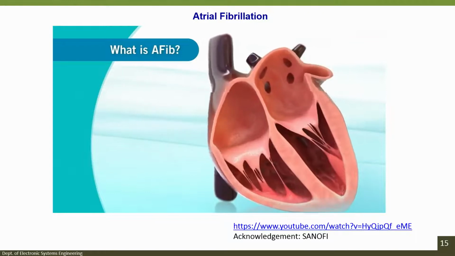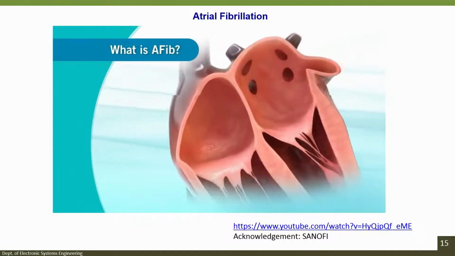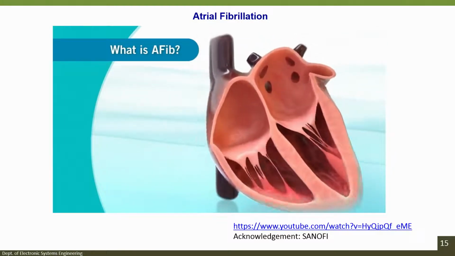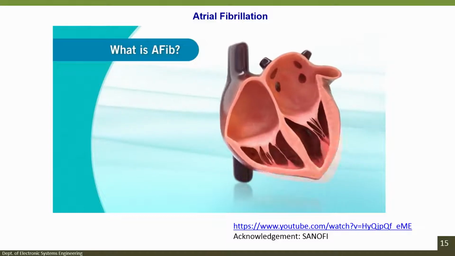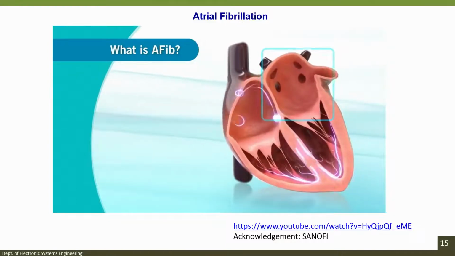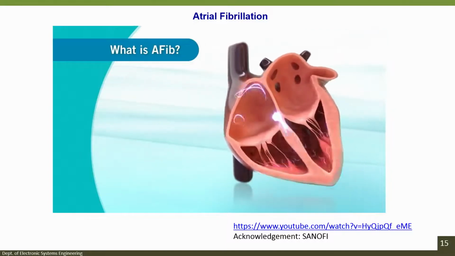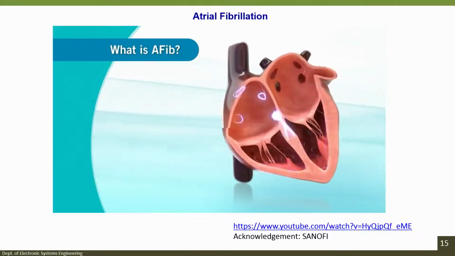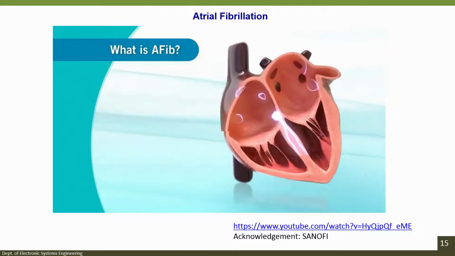Notice how the atria appear to quiver and are uncoordinated. Due to this irregular pattern, the atria do not coordinate with the ventricles, and the heart is out of rhythm. Afib occurs when electrical signals start in the wrong place and misfire. The faulty signals cause the atria to quiver and not contract completely. Notice how the signals spread in a rapid, disorganized way.